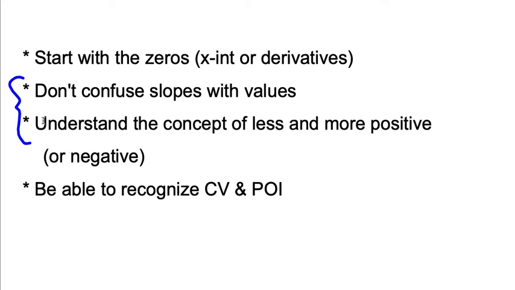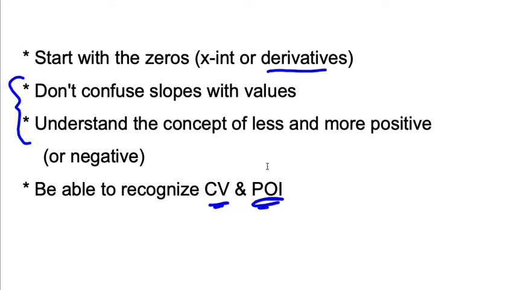Now, when we're looking at something being less or more positive, that's where we look at the point of inflection. The derivative being zero is our critical value. So it's important for us to recognize rough estimates of where the critical values and the points of inflection are on the graph, and what happens to those values as we go from a function to the first derivative, second derivative, third derivative, and so on, or backwards if we're starting with the second derivative and going to the first derivative and then to the original function.